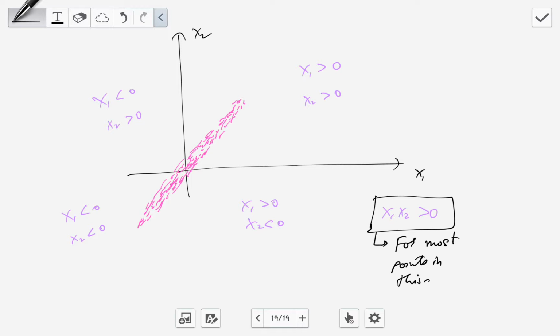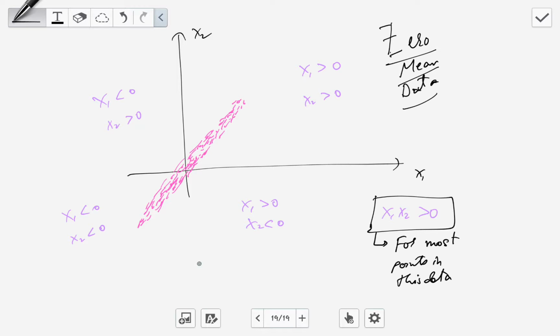All this data is zero mean data, because for any data we can convert it into zero mean data by subtracting its mean.